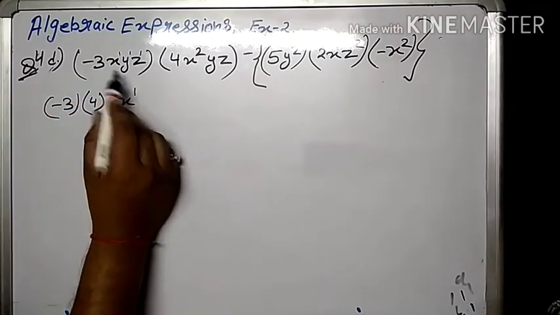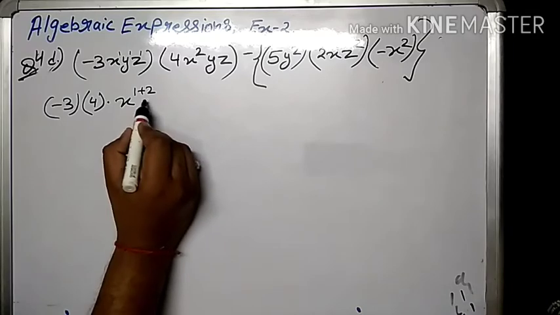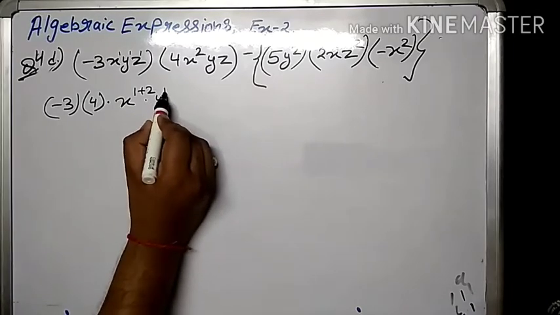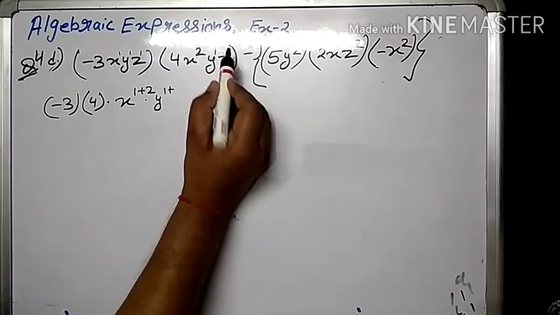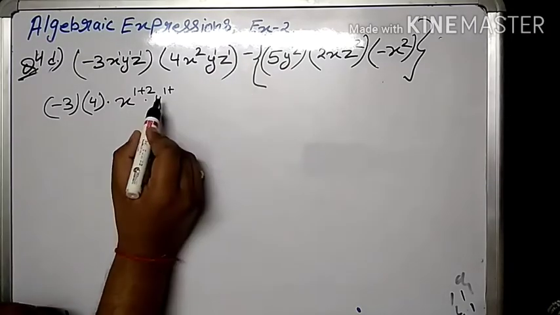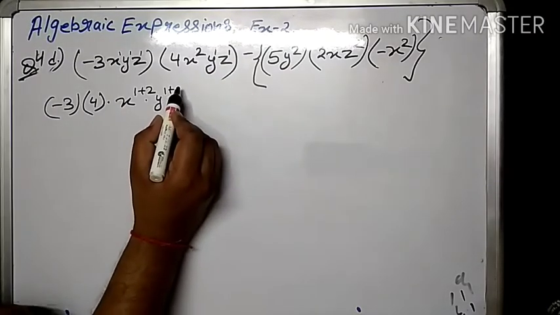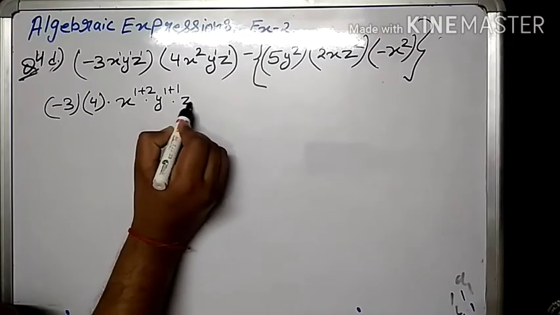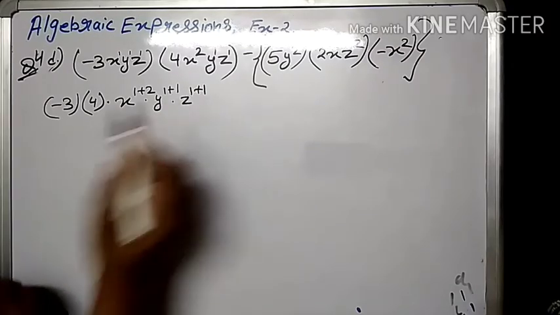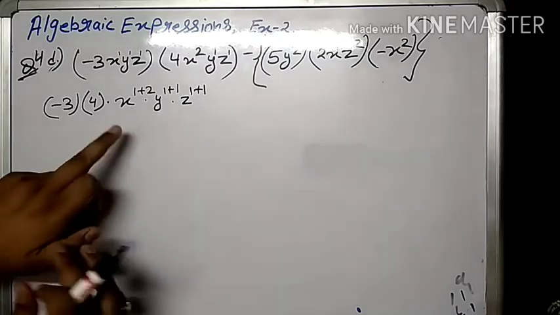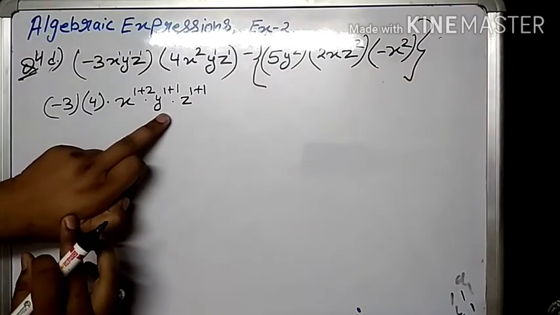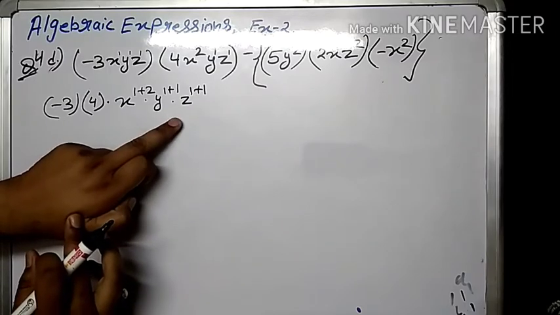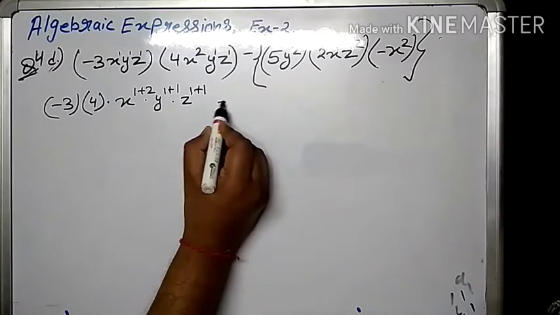So 1 plus 2, then y, 1 plus, here also we can write 1, here also we can write 1. So 1 plus 1, that is z, 1 plus 1. Understood? x to the power 1 plus 2, y to the power 1 plus 1, and z to the power 1 plus 1, minus.